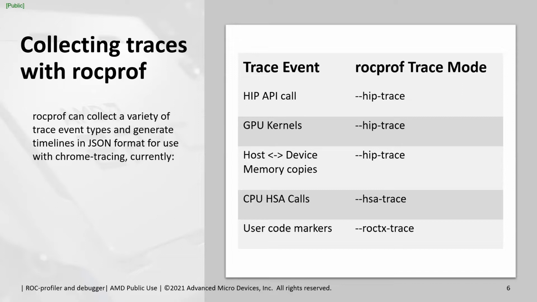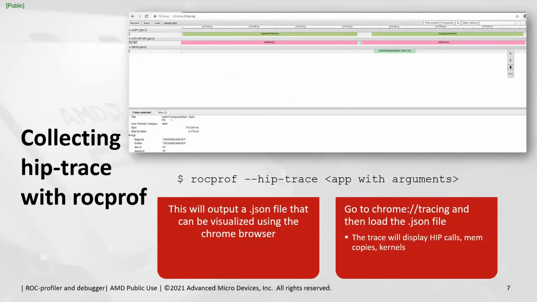If you are interested in analyzing the CPU HSA calls, where HSA is the heterogeneous system architecture level, so the signals that are being sent by the CPU to the device, you can collect the HSA trace. And like I said, for code markers around the region of interest, you can use roctx traces. So the usage is pretty straightforward, as I mentioned.